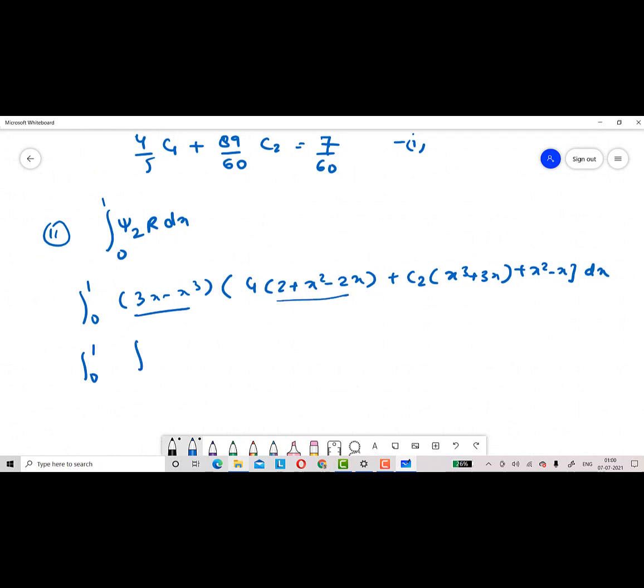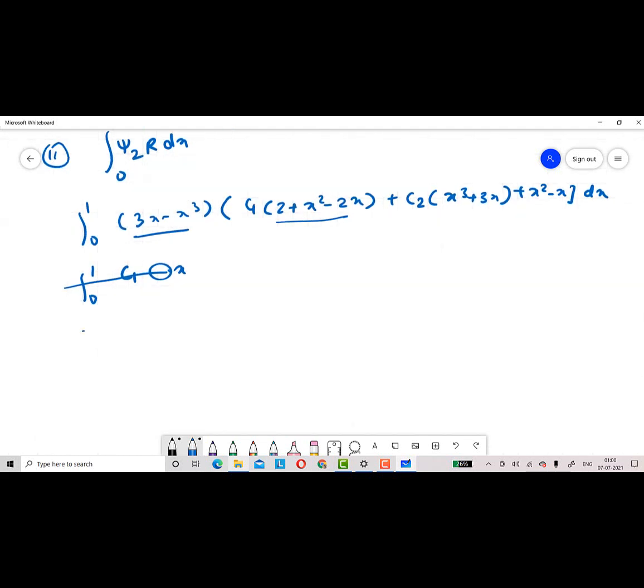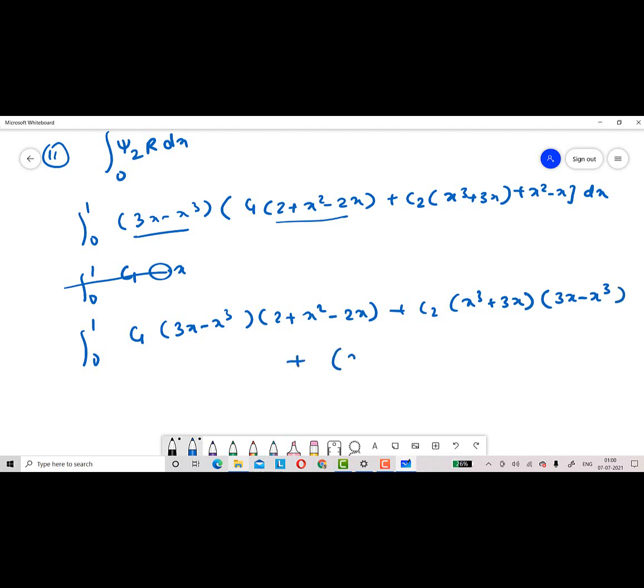From 0 to 1, C1 (3x minus x cube)(2 plus x square minus 2x) plus C2 (x cube plus 3x) multiplied by (3x minus x cube) plus (x square minus x) multiplied by (3x minus x cube).